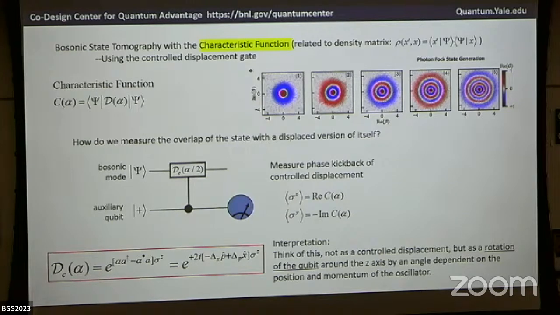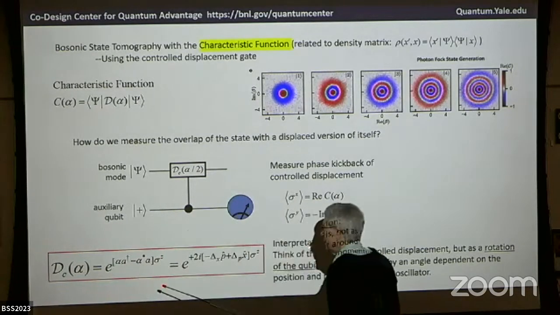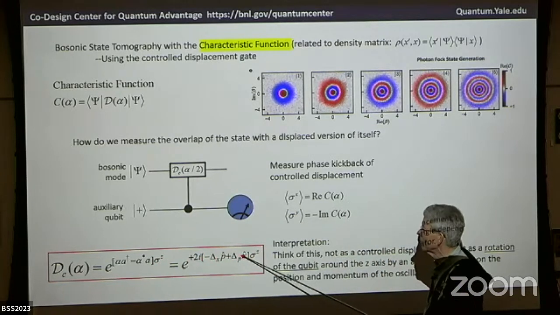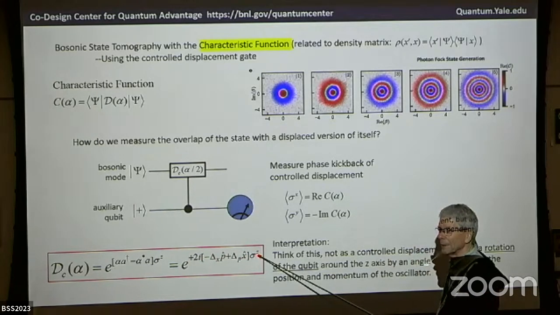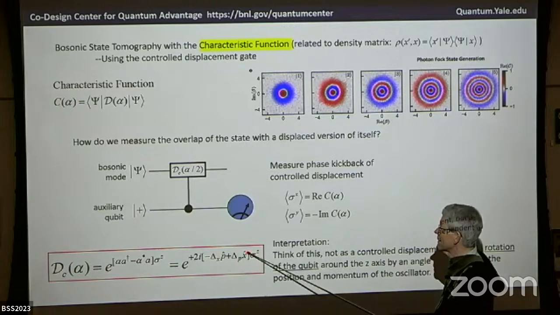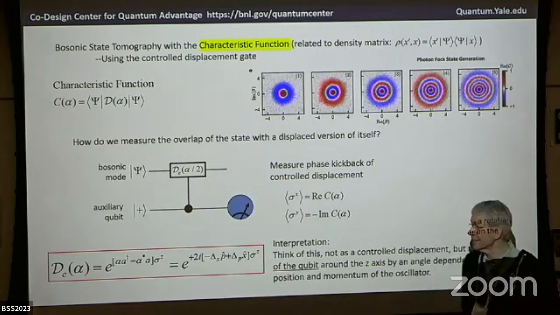Well, how can I understand that? Crudely, you look at this and you say, oh, this makes a displacement of the oscillator whose sign depends on the state of the qubit. But another way to say it is, oh no, this is e to the i theta sigma z. It's a rotation of the qubit around the z axis.